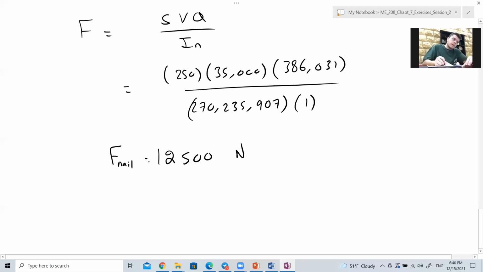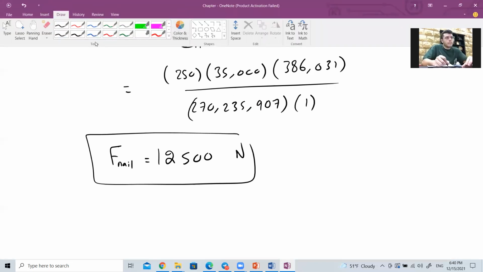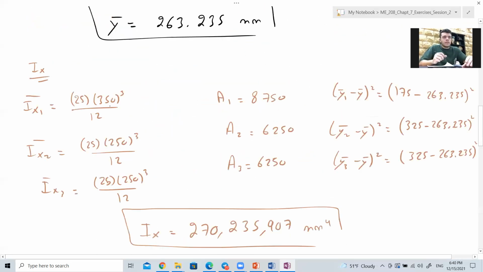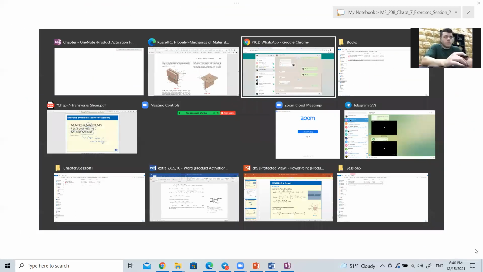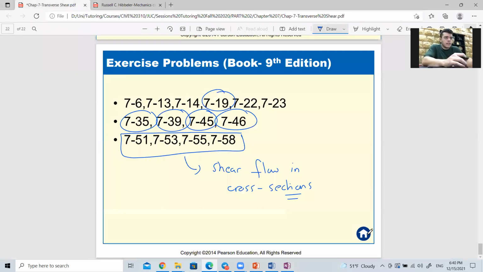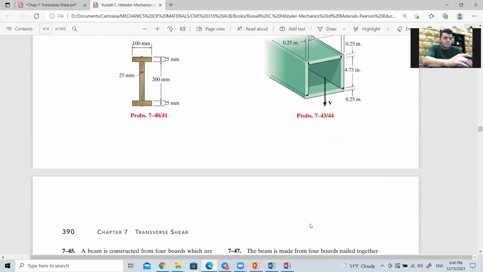This is the force in each nail. Okay, 12,500 newtons. So these are the formulas that you will get. So 739 is solved. Now we go to 745.